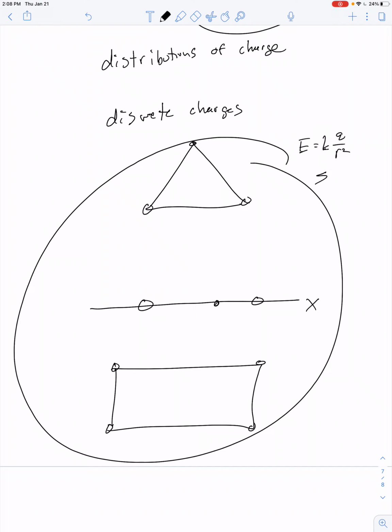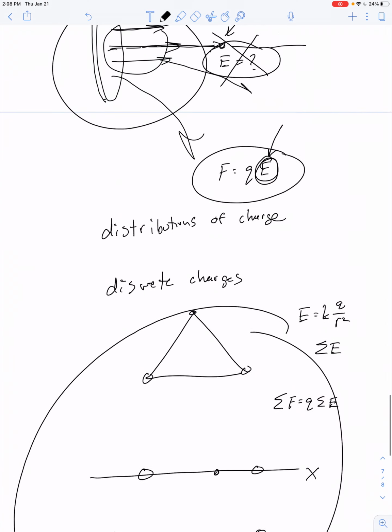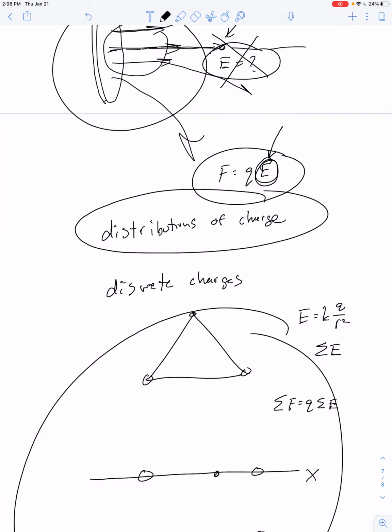By the superposition principle, we can find the net electric field, and once we have that value, the net force is Q times the net electric field. So, distributions of charge versus discrete charges. It's up to you to determine what equations to use in the context of the way in which the systems of charge are distributed.